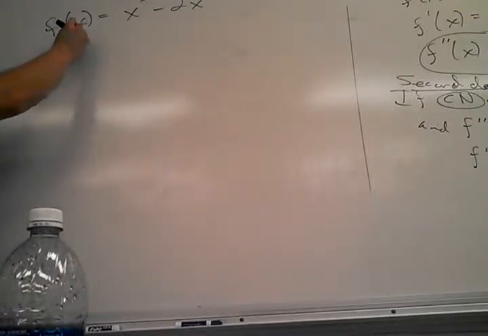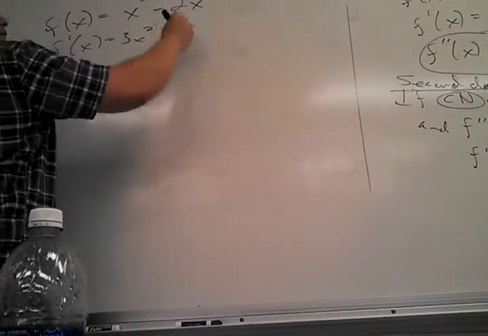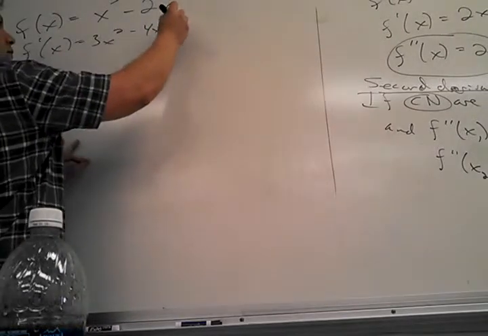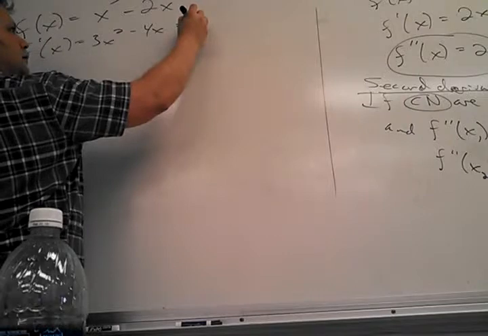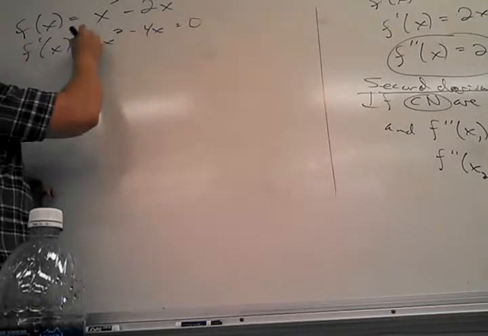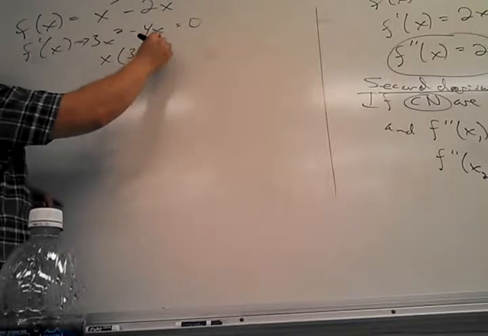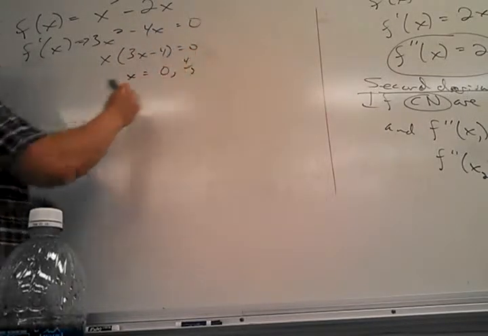All right, so what's f prime? 3x squared minus 4x. I like it. So what are the critical numbers? Factor out x: x equals 0 and 4/3.